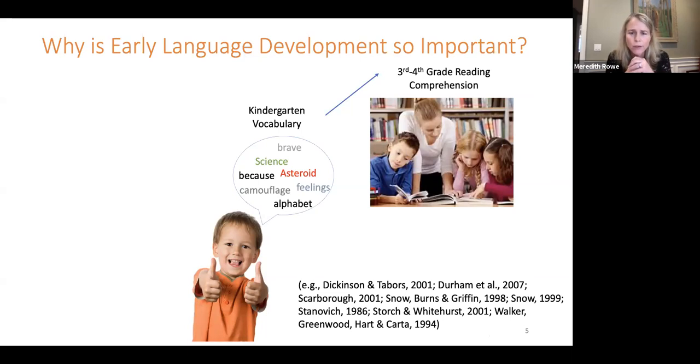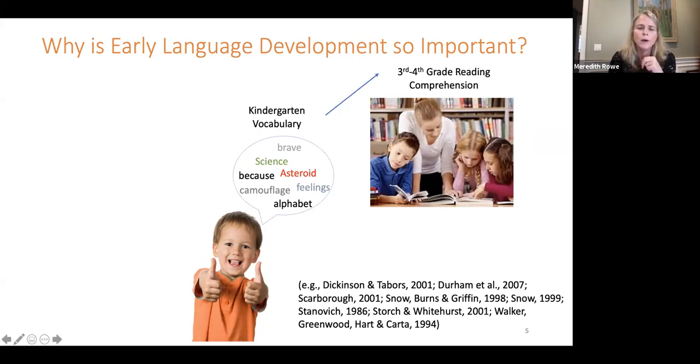Of course, it's important for children to learn how to decode text, and children's ability to decode text and phonics by second grade becomes a very strong predictor of reading comprehension. But when children get to school, their vocabulary skills vary extremely widely and are a very strong predictor of their later reading comprehension outcomes, as well as other outcomes.